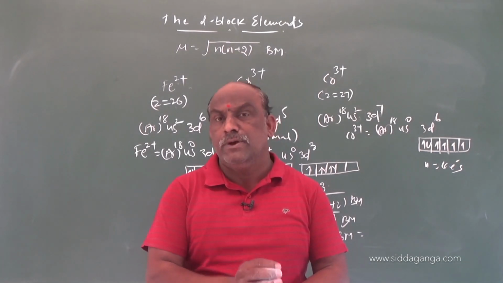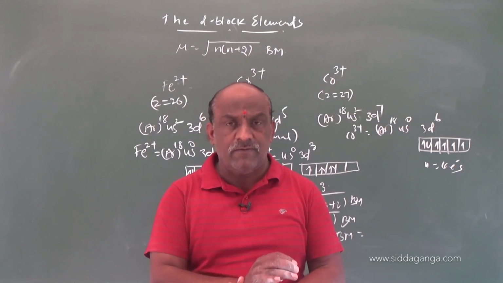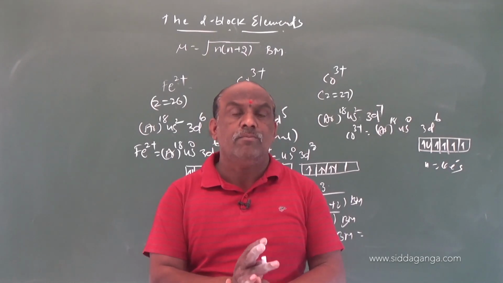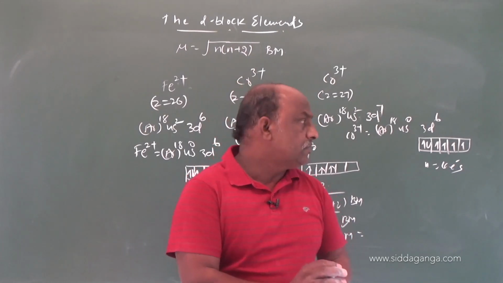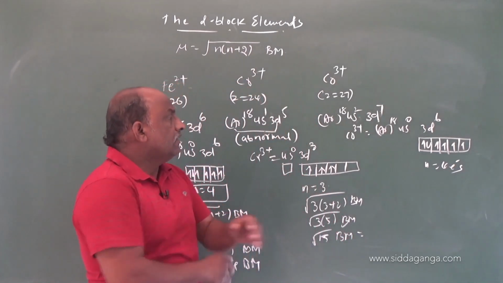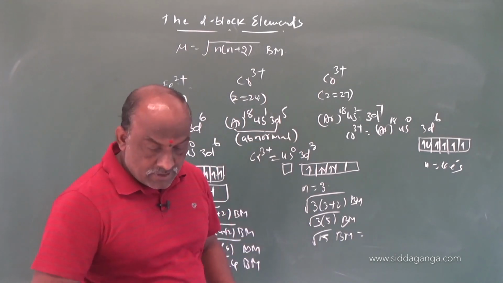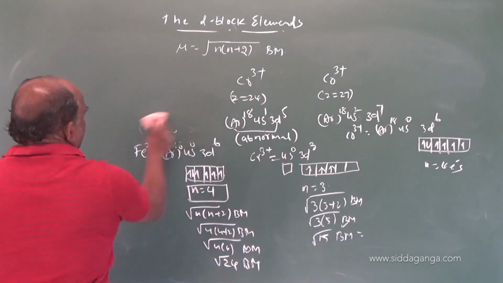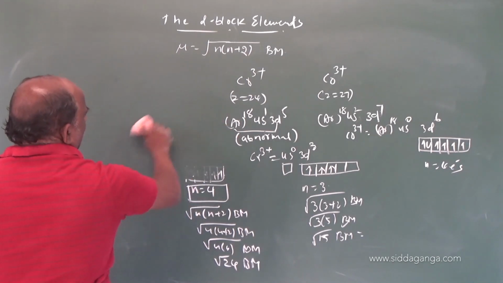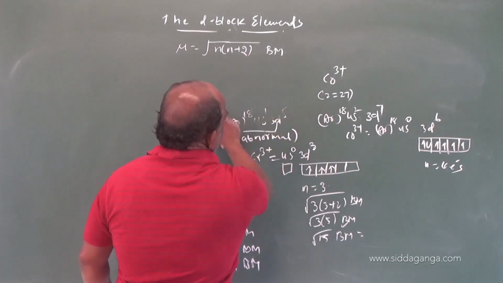This can be expressed as the spin only magnetic moment. I will give some examples you can practice at home, then you will get an idea of how to calculate the spin only magnetic moment.